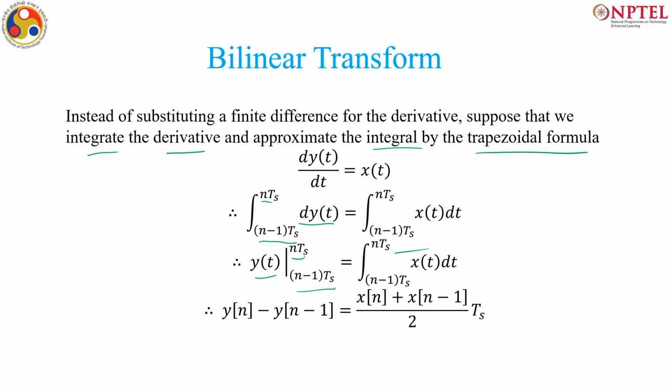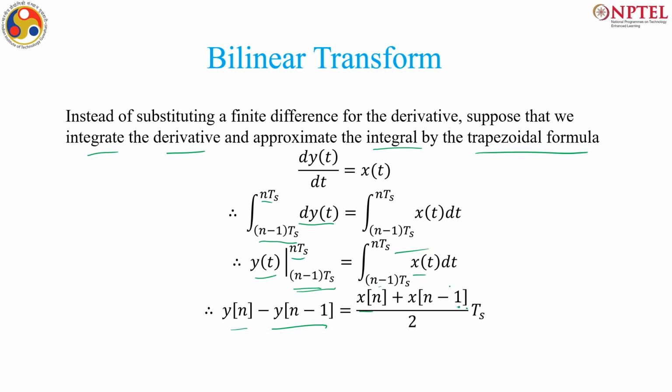So, here we get y of n Ts, which is basically y of n, and similarly y of n minus 1 Ts is y of n minus 1. And here the trapezoidal rule is basically the area under the curve. So, you are getting x of n Ts, which is x of n, plus x of n minus 1 Ts, which is x of n minus 1, this plus this by 2.